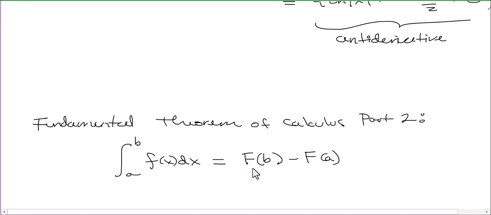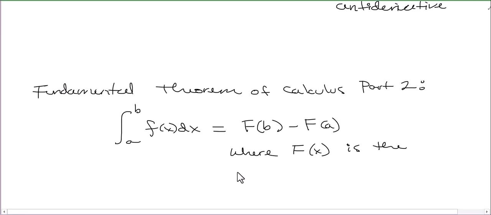So you have your F of b minus F of a, where capital F of x is the antiderivative of little f of x. So this is the Fundamental Theorem of Calculus part 2.